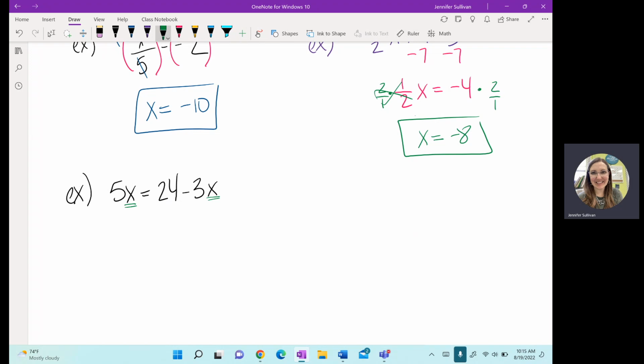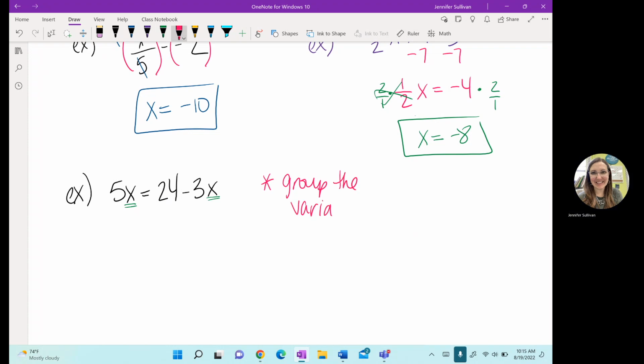And so what we have to do first is move one of them over to the other side. We need to group the x's. That's kind of like our first step here, is group the variables. We need to get them on the same side of the equal sign.